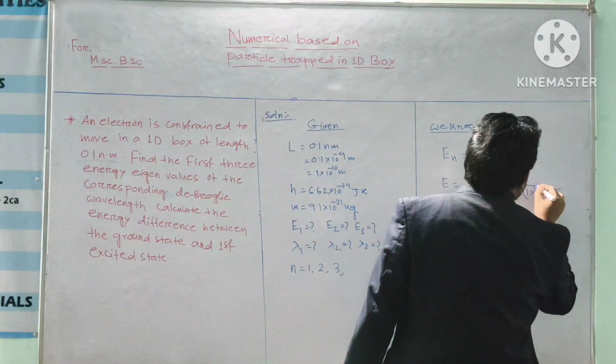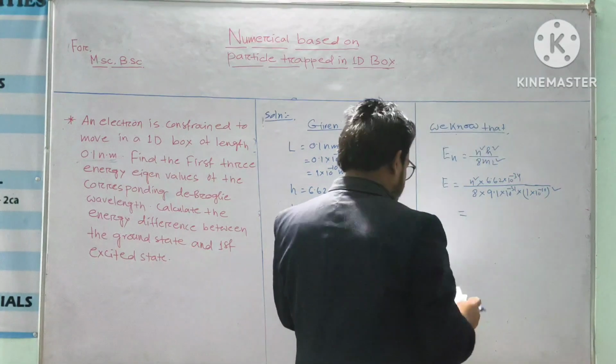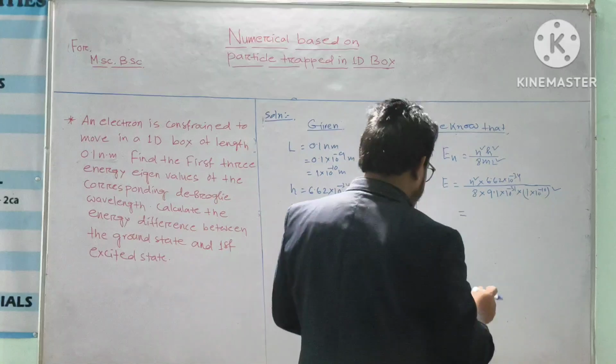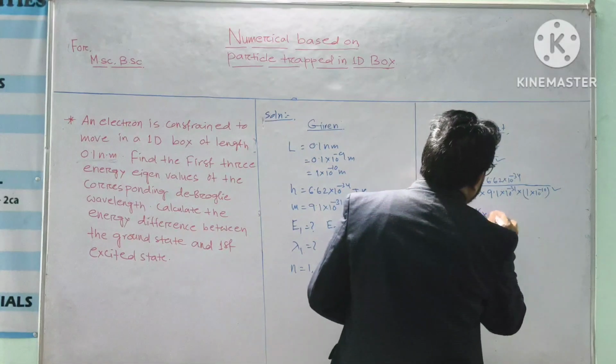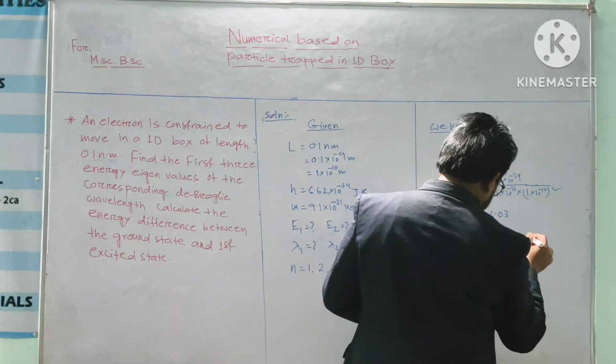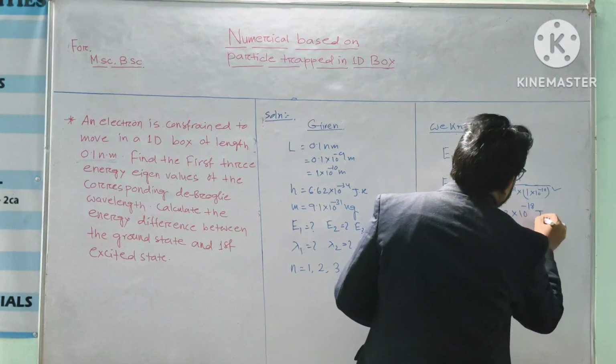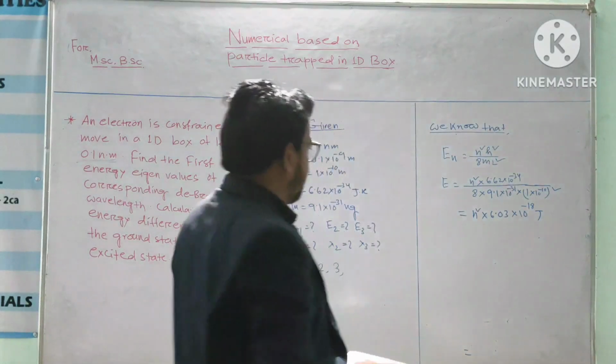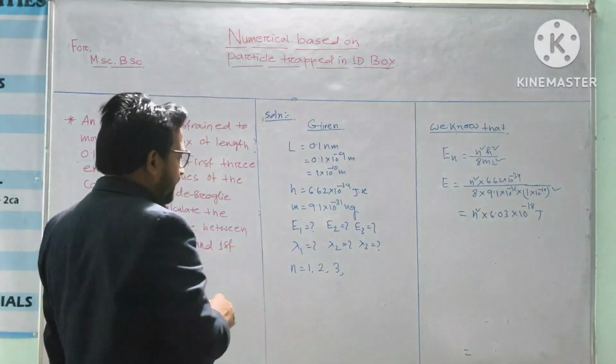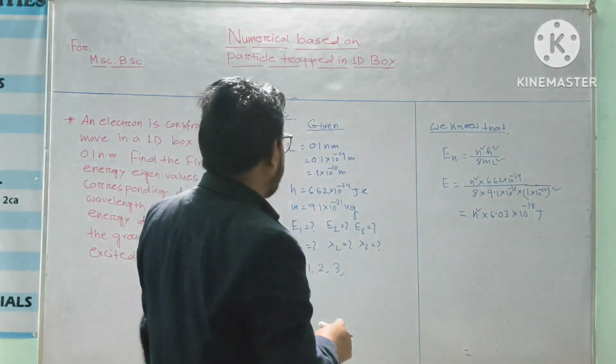Okay, after solving this part, we can write E_n equal n square into 6.03 into 10 to the power minus 18 joule. Now we are going to find out E1, E2, E3 corresponding to n equal 1, 2, 3.